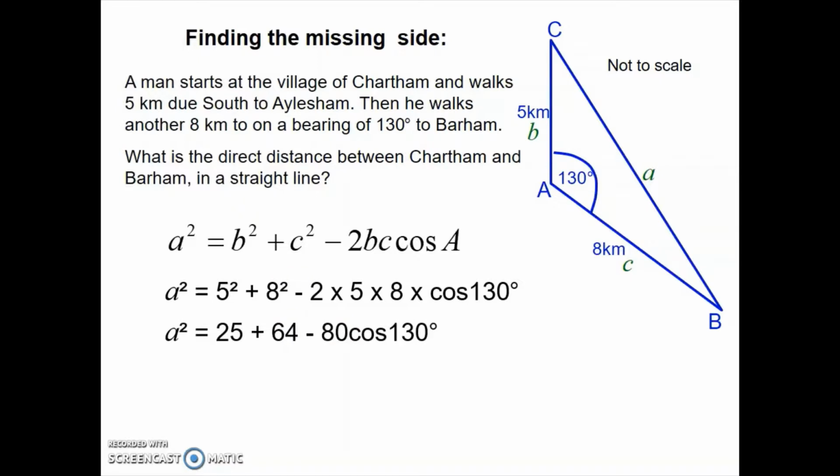Then our calculator is going to start helping us, giving us the value of a squared being 140.42, which we're going to square root, giving us 11.85 for the distance from C to B. Centimeters on my diagram, but in the context of the question, kilometers.